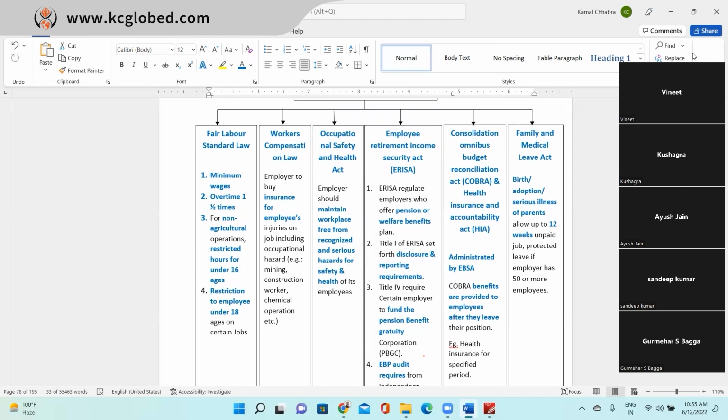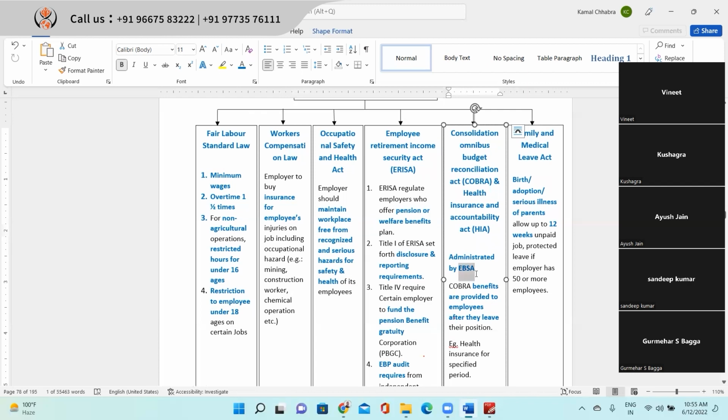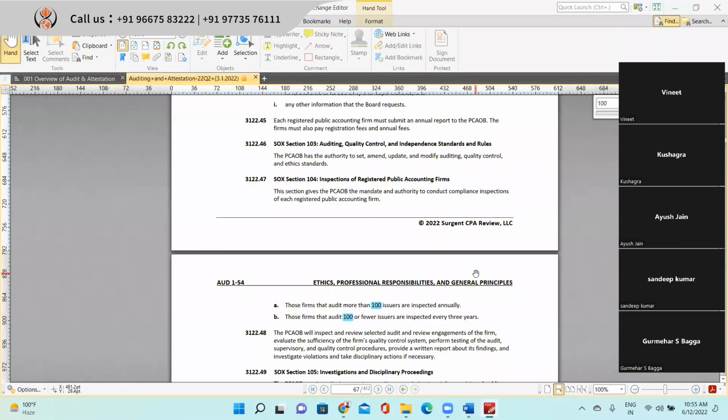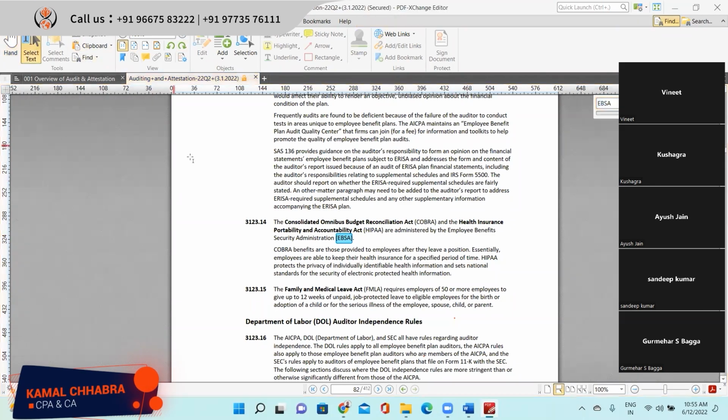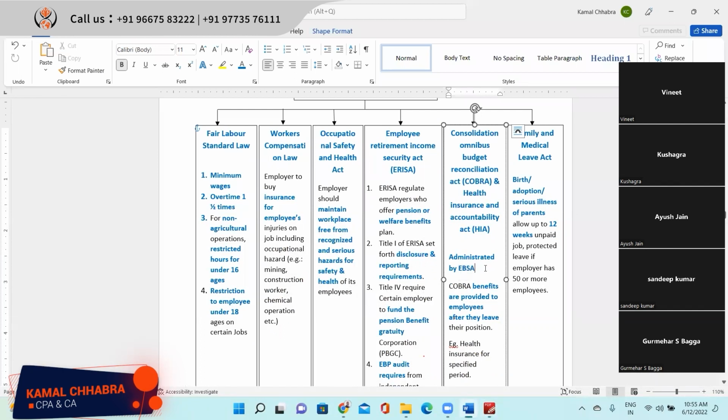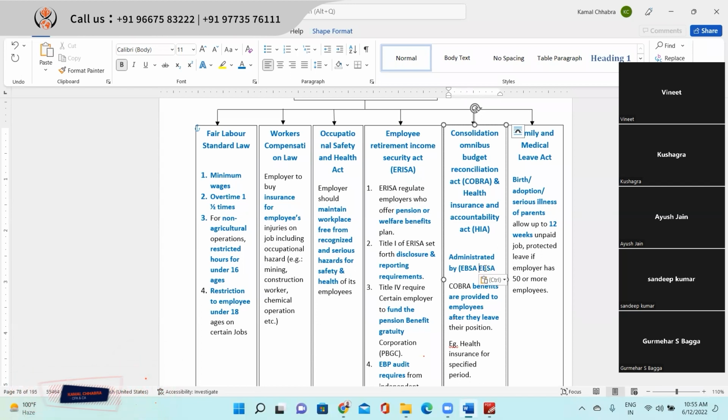Now the definition of EBSA. What was the full form of EBSA? Let me check. Sir, is it Employee Benefit Security Administration? Employee Benefit Security Administration, yes.